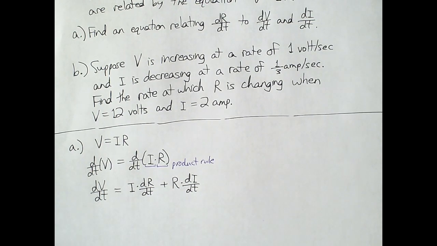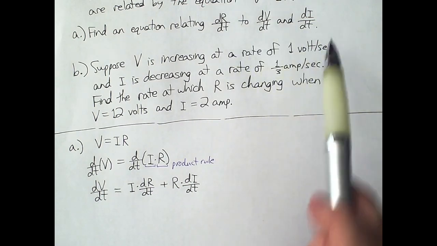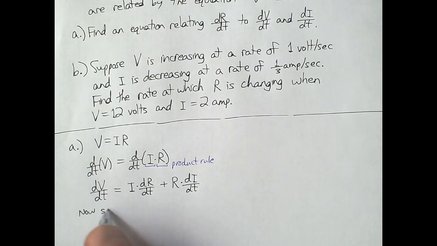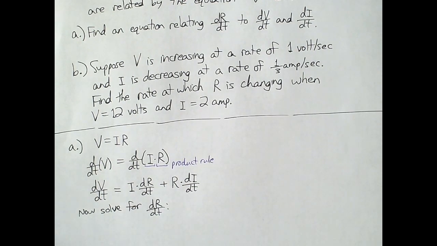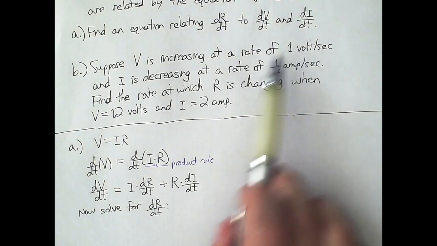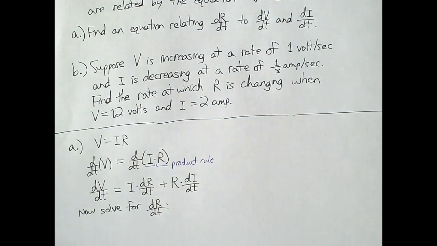But I guess the problem said to find an equation for dR/dt relating to these other two. So we want to solve for dR/dt. Right? We'll rearrange it. By the way, don't plug in any of these known pieces of information. Don't put in the 1 or the 12 or the 2. We said don't do that too early.